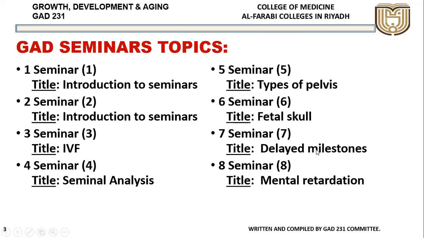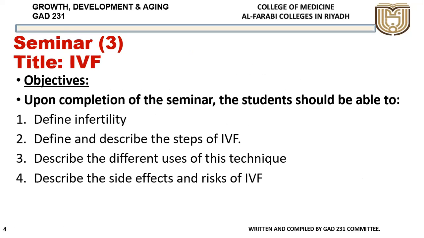In the fourth week, we'll have the delayed milestones and mental retardation. And the fifth week will be just for the revision. I will just discuss the objectives briefly for you, and then you can go into detail. As I said, the title is IVF, in vitro fertilization.